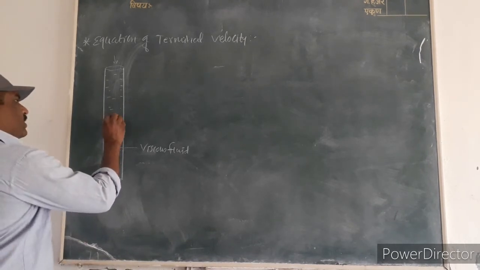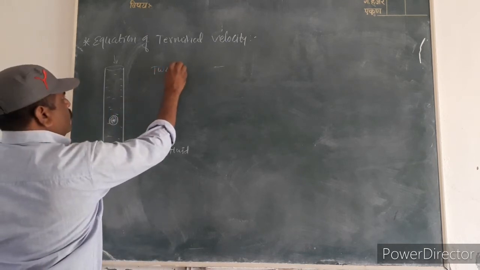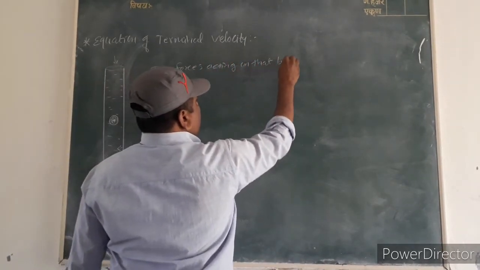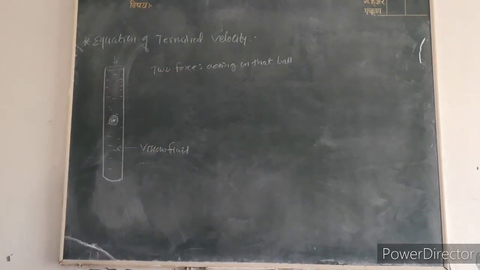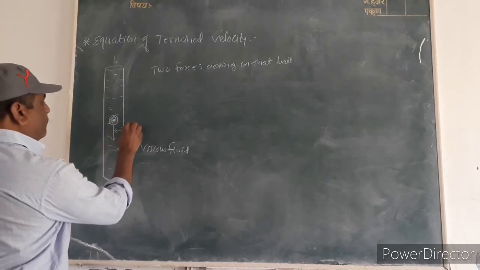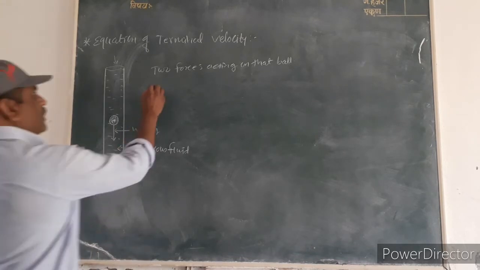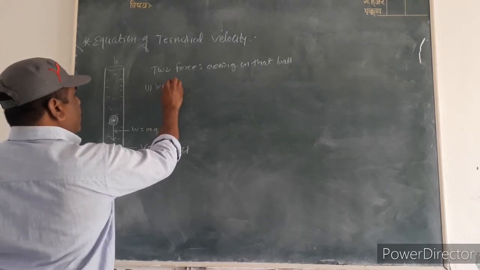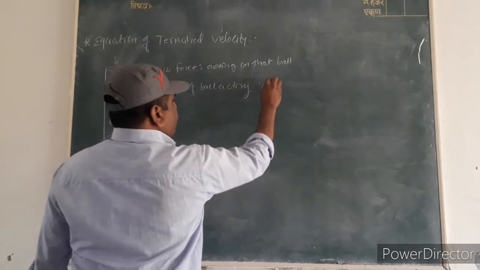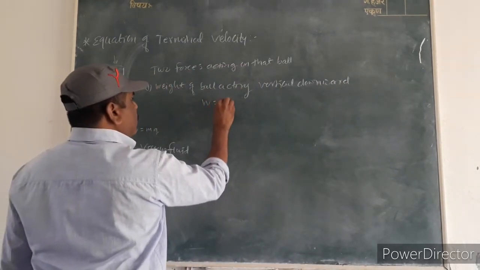At that position, two forces act on the sphere. The first is its weight, the total weight acting vertically downward, that is W equal to mg.